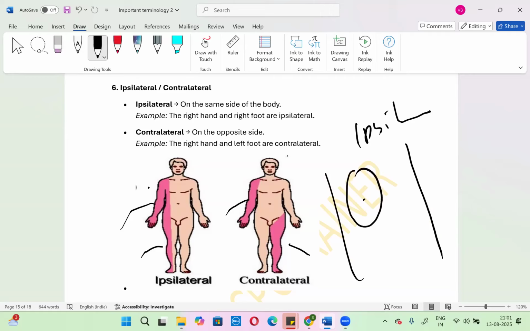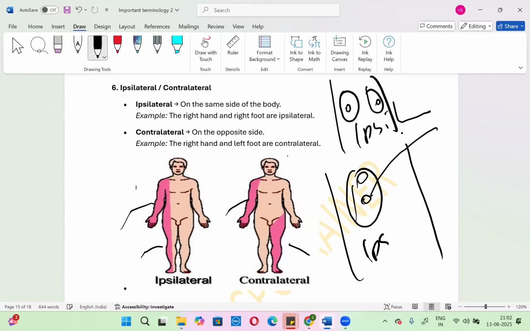Biopsy means they take some sample and send it to the pathology lab. Ipsilateral means the same side. Contralateral means that they are taking the sample from the right side breast and the other sample from the left side. So this is contralateral.